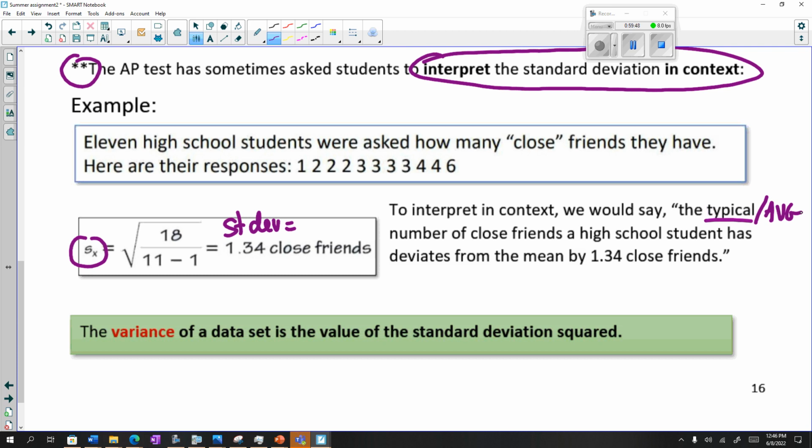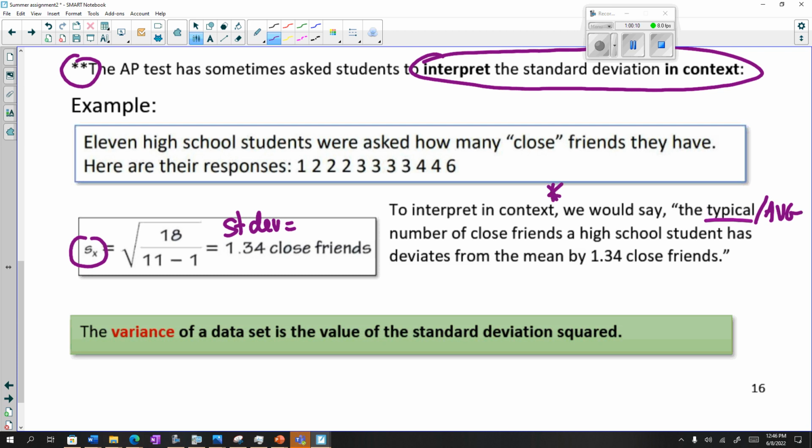So a typical number of close friends that a high school student has deviates from the mean number of close friends by 1.34 close friends. So it's the deviation from your average, about plus or minus 1.34 close friends. All right, so that is the standard deviation sentence.